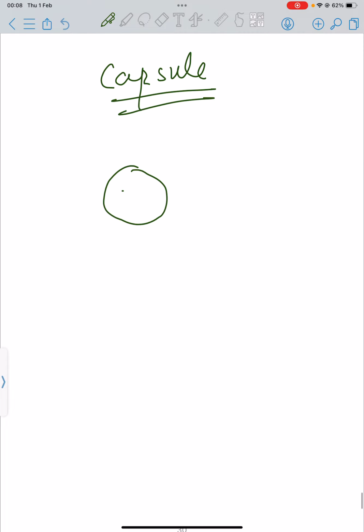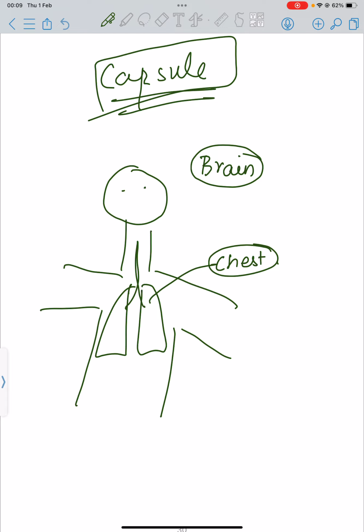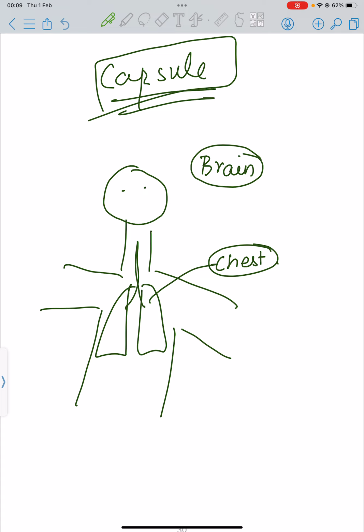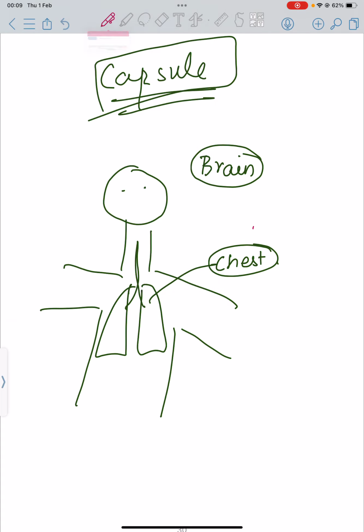Now, what are the bacteria having capsules? For now, just remember all the bacteria which go to the chest or to the brain have capsule because they need protection. I'll write the names of the very important ones, but for now you can ignore it. In the subsequent sessions, you'll understand why and how.